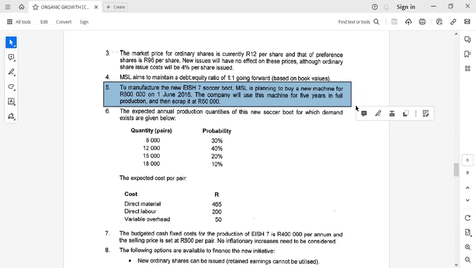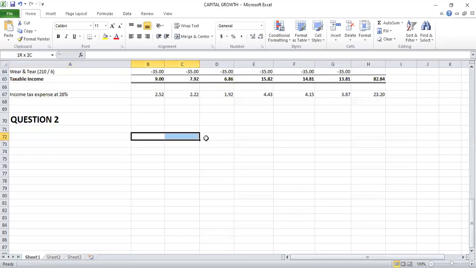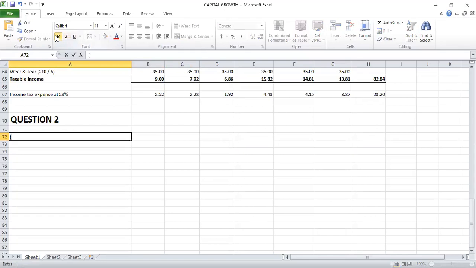The company will use this machine for 5 years in full production and then scrap it at 50,000. All right, so that means this is a 5-year project. We have the calculation of the NPV of the new machine.